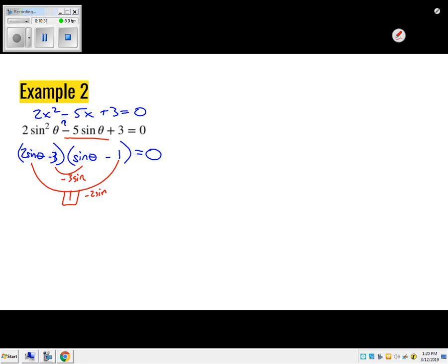Freshmen are having trouble with that right now. So that means, thanks to the zero product property, that either this has to equal 0 or sine theta minus 1 is going to equal 0. Yes, they can both be, but one or the other has to equal 0. If I solve this for sine, I'm going to add 3, divide by 2.